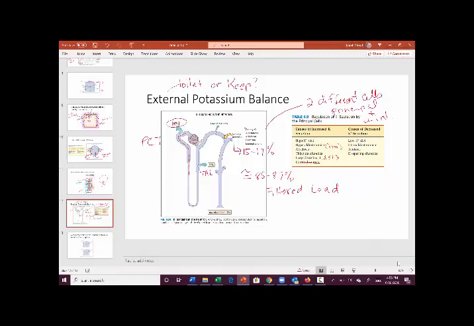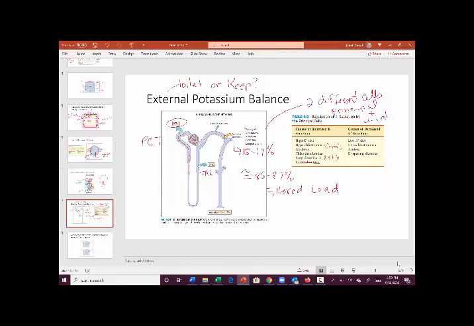And as I said, this delivers more sodium to the principal cells in the filtrate. When more sodium is delivered to the principal cells, more sodium enters the cells across the luminal membrane. And more sodium is extruded from the cells on the basal membrane back into the blood through the sodium-potassium ATPase.